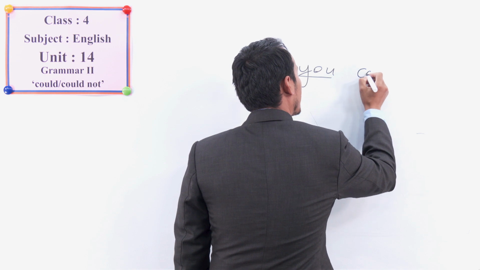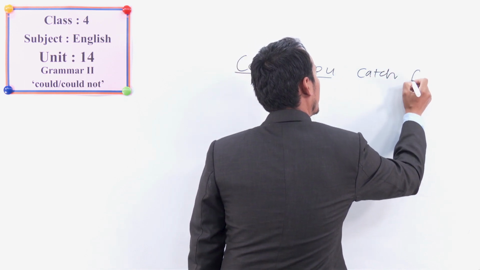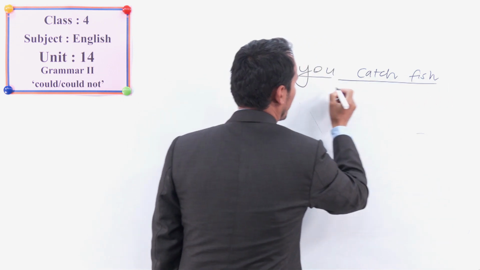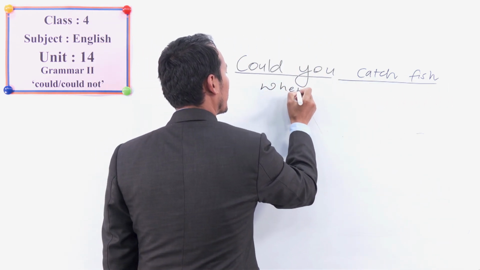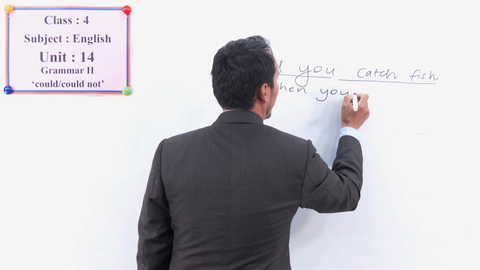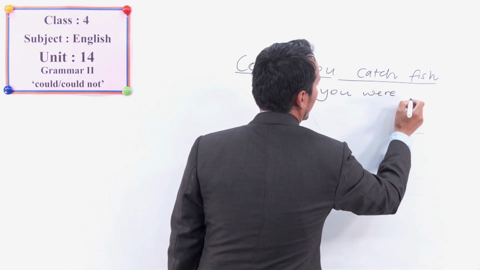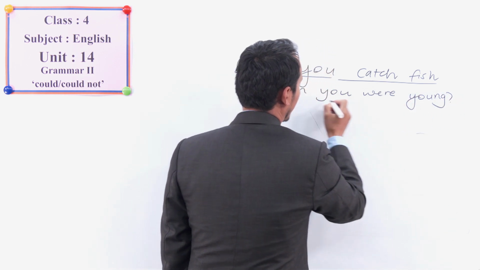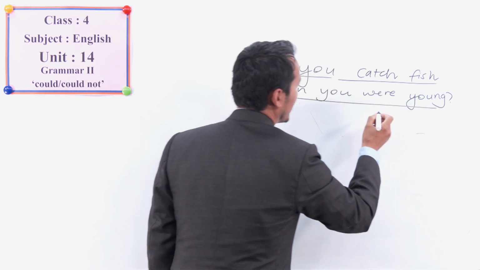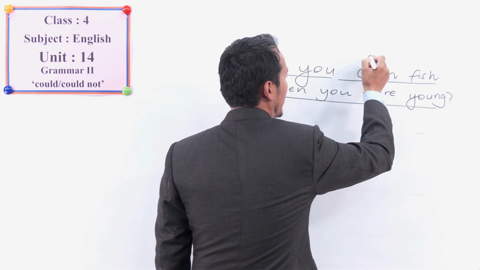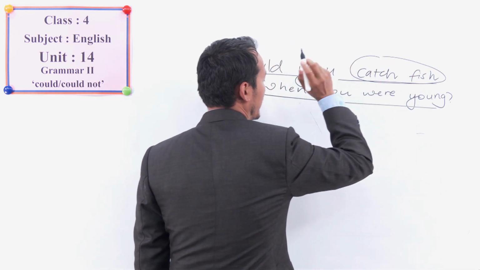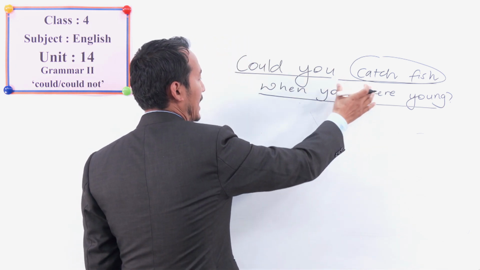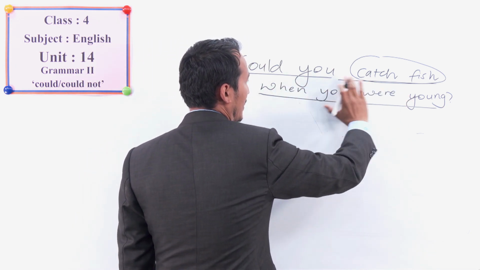could you catch fish when you were young? Okay, this is your question, okay? So you have to change other activities with other words. Like you can ask about catching fish.